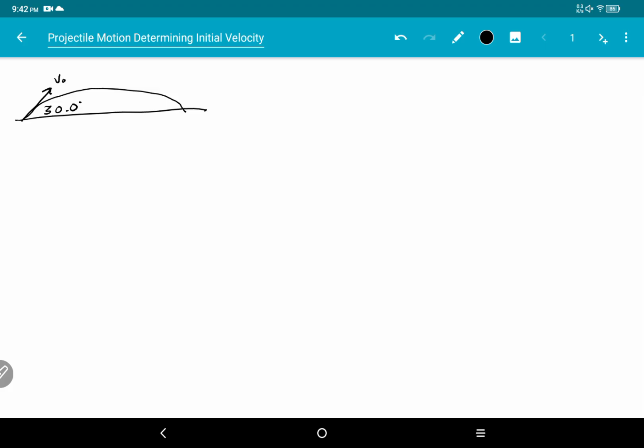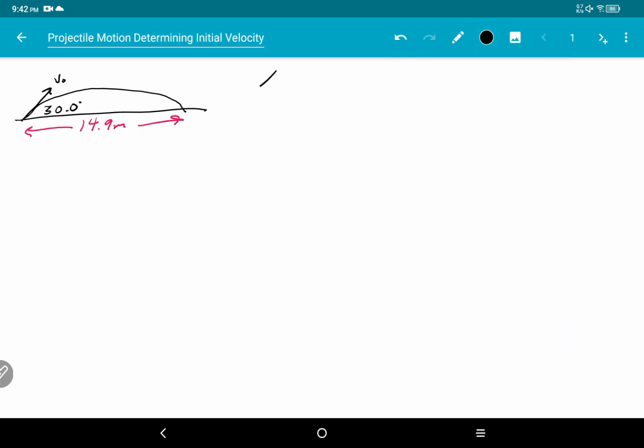Well, we also need to know where it lands, or we have a lot of unknowns. So let's say this particular object lands at 14.9 meters away. So this whole distance is 14.9 meters. Well, we now have a lot of information to solve this problem. It's going to be a substitution problem. Here's what I mean.